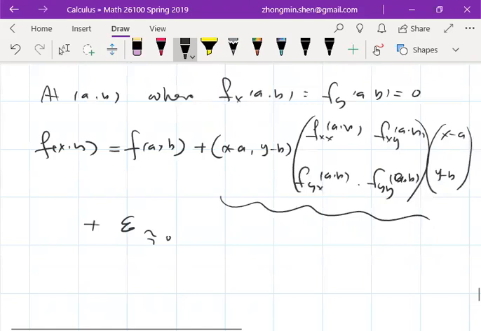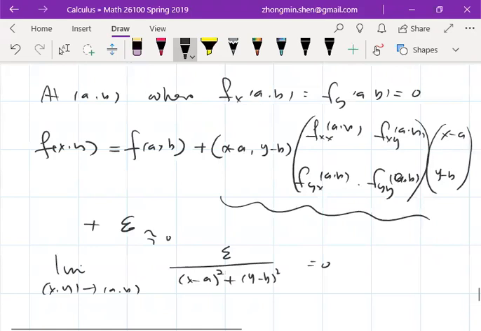The epsilon term, in the limit as x and y approach a and b, divided by (x minus a) squared plus (y minus b) squared, goes to 0.